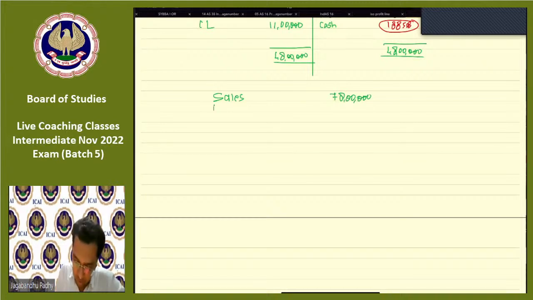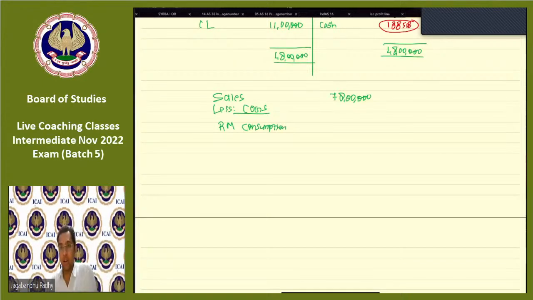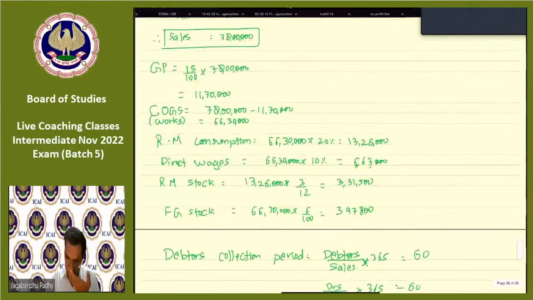From that, we are going to reduce the COGS, right? Now in that COGS, we have raw material consumption. Raw material consumption is 13,26,000. We have computed, right?